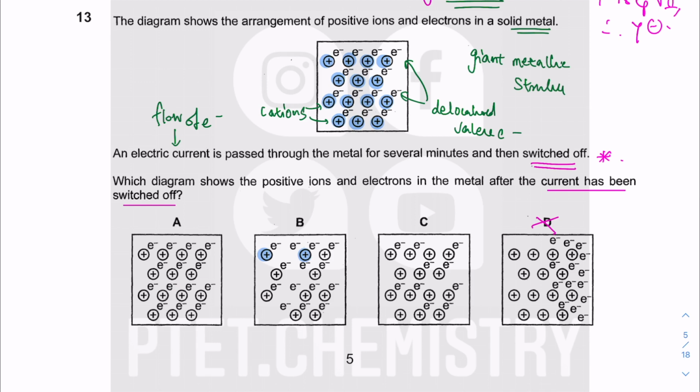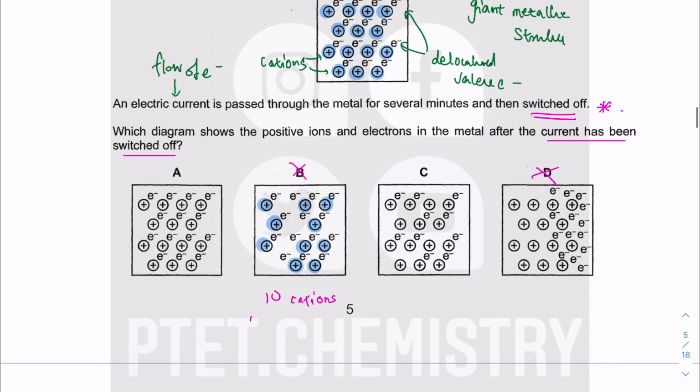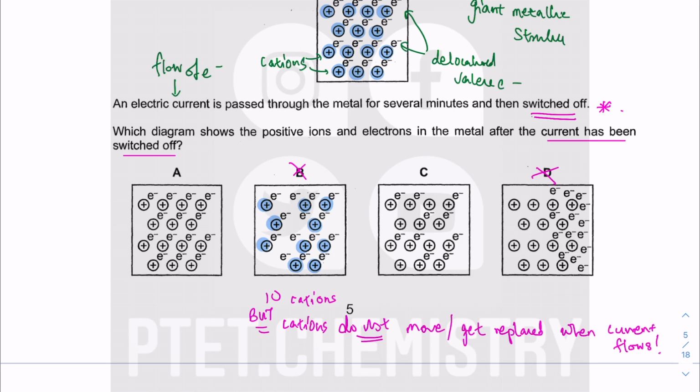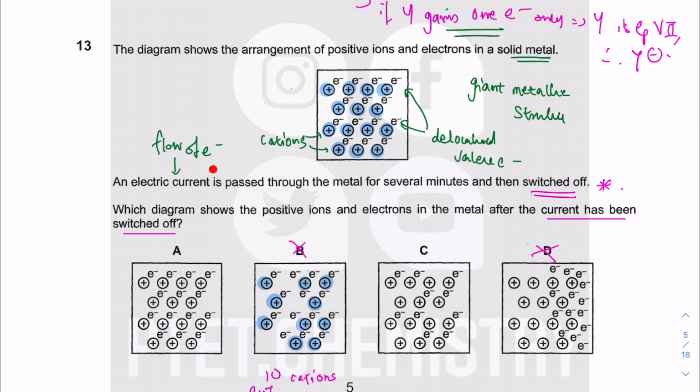Here you have 1, 2, 3, 4, 5, 6, 7, 8, 9, 10. So you only have 10 cations. So you have replaced the cations. But cations do not move or get replaced when current flows, because current is a flow of electrons, as you would define in physics, right?